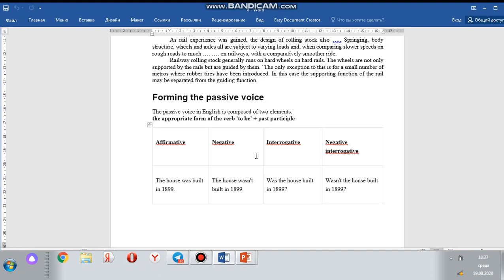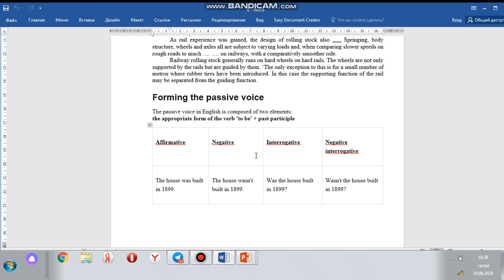The house was built in 1899. Negative one: The house wasn't built in 1899. Interrogative form: Was the house built in 1899? And the last one is negative interrogative: Wasn't the house built in 1899?